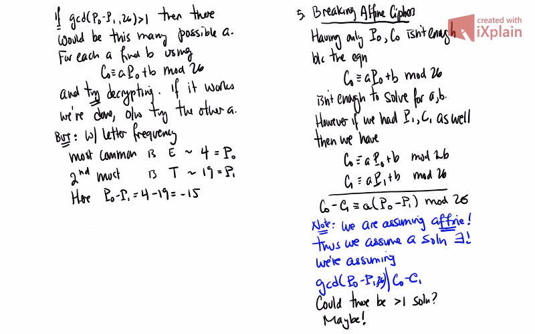And the GCD of P0 minus P1 and 26 is 1. So there would just be one solution, so one possible A.